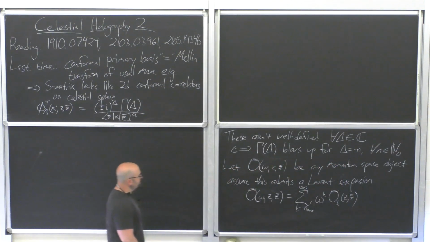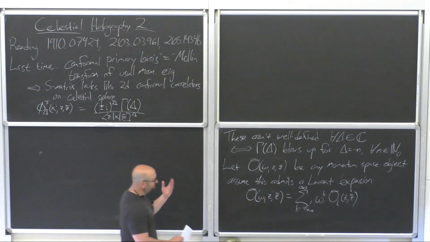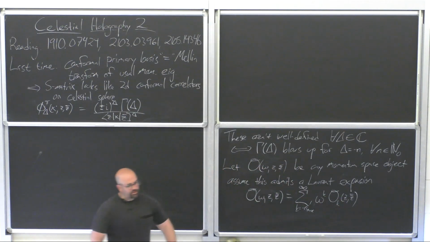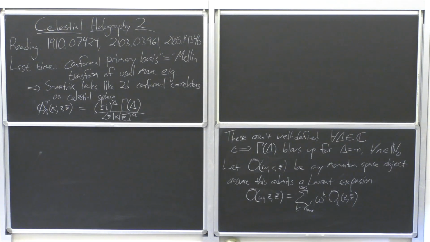So we're going to assume that this quantity, again, whatever it is, admits some power series expansion starting at some finite order in 1 over omega and then going the whole way up to all positive powers of omega. And we just call the coefficients in that expansion curly O sub k.